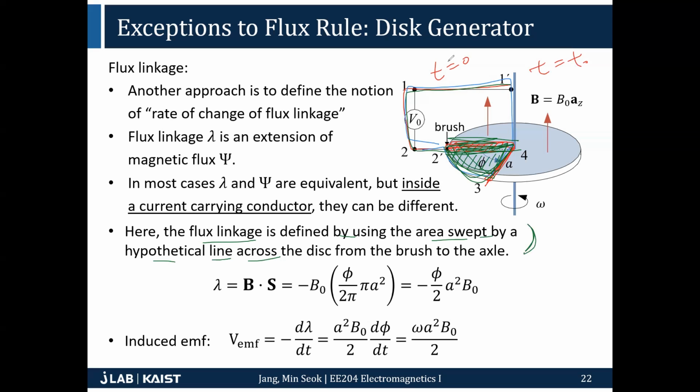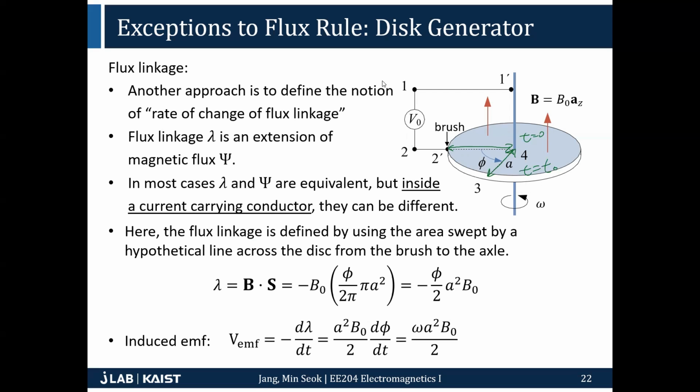Explaining again, even though we do not know how the current is actually flowing, we just assume a hypothetical line here at time t equals 0. And then this hypothetical line becomes at this position when time t equals t naught, non-zero.